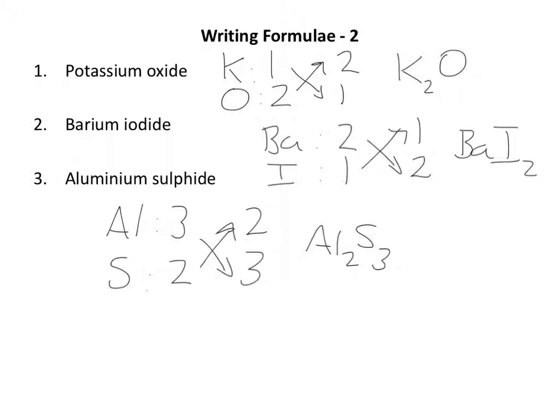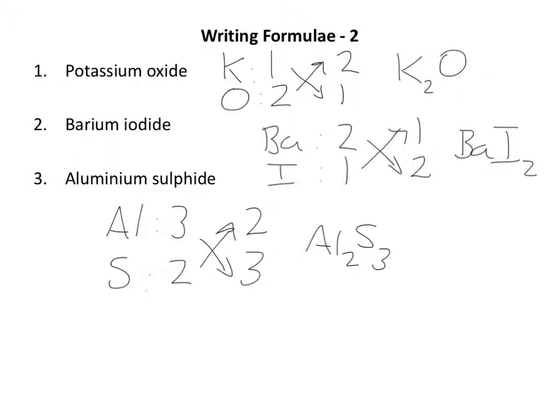Now my next slide has 6 or 7 formulae that you can test yourself on. So they're using the 2 rules that we've used thus far. First rule is if the valency of each component is the same, you just have one of each atom in the formula. And the second rule is if the valency is different, you swap the numbers and then write the formula from the swapped numbers.